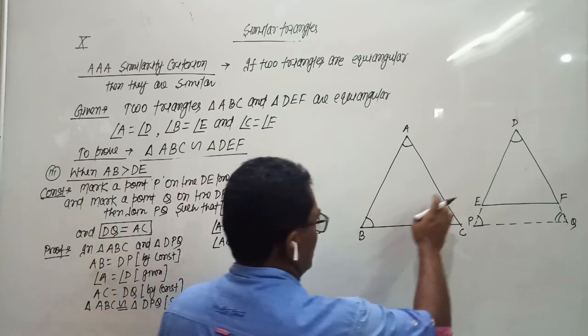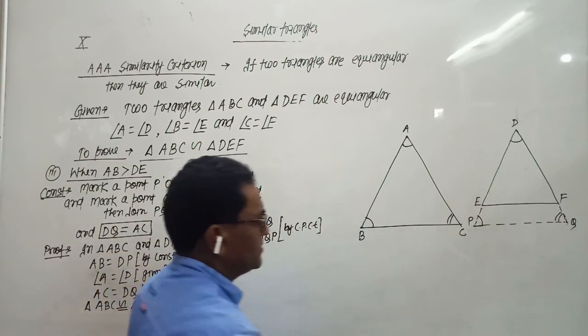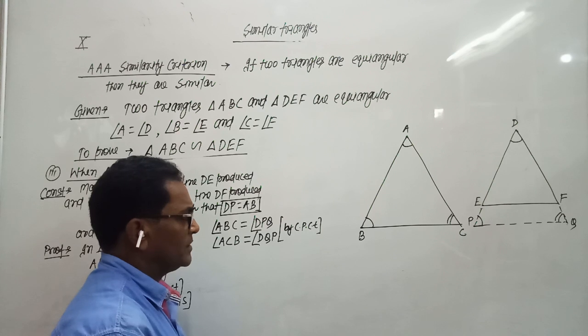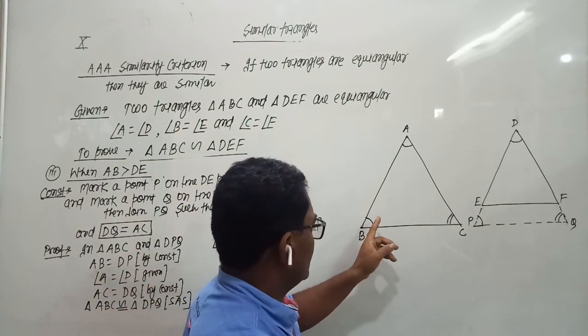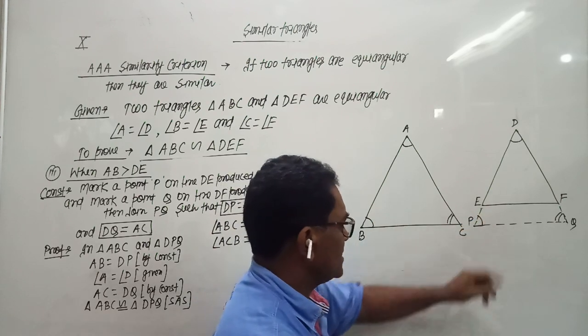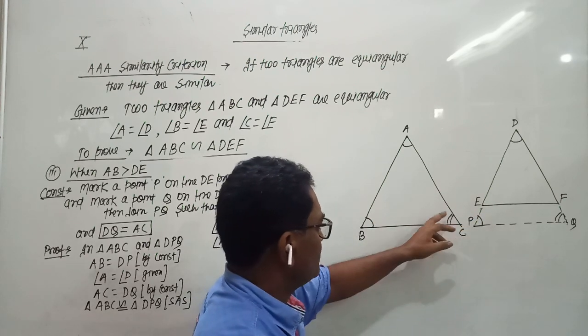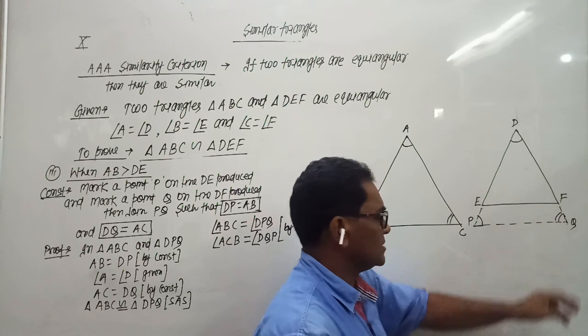So since these two triangles ABC and DPQ are congruent, their corresponding angles, angle B equals angle P and angle C equals angle Q, are equal.